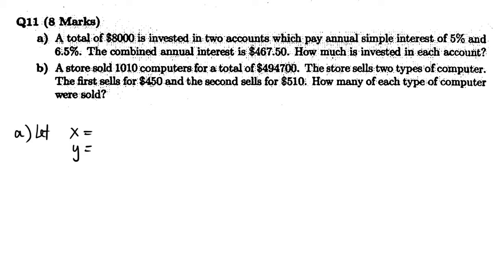Well, we have a total of $8,000 invested in two accounts. We're told the interest rate on each account, and we're told the combined annual interest, and we just need to know how much is invested in each account. So let's say x is the amount invested in the first account.